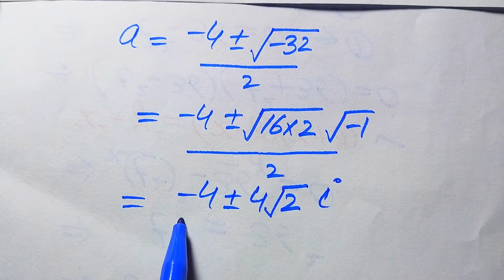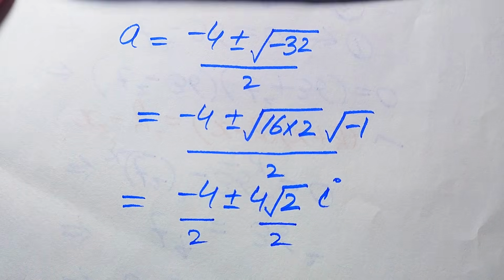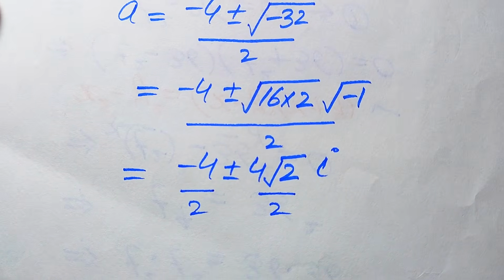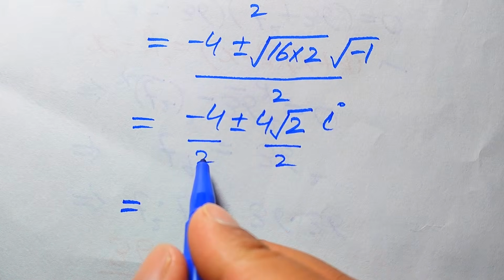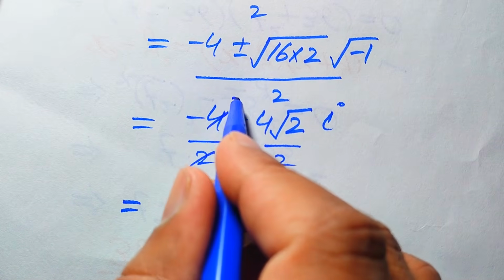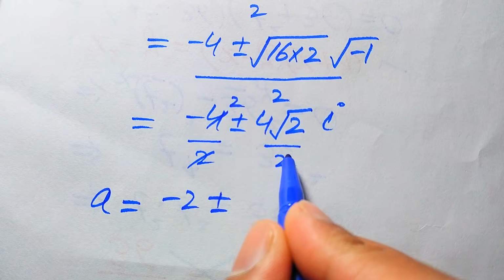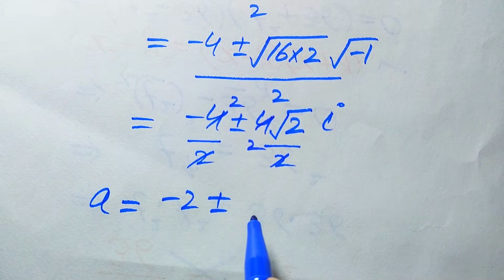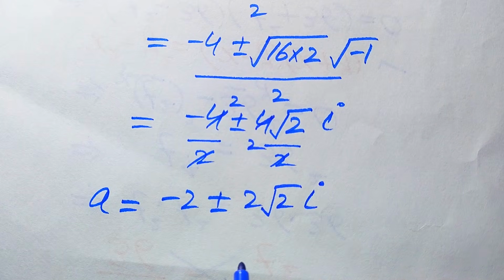Further we break this fraction and we write these two separately on both of these two values. Okay, so further in the next step we need to cancel these terms. We have 2 times 2 becomes 4, and we get a equals minus 2 plus minus, this is also 2 times 2 becomes 4, and we get square root of 2 times iota.